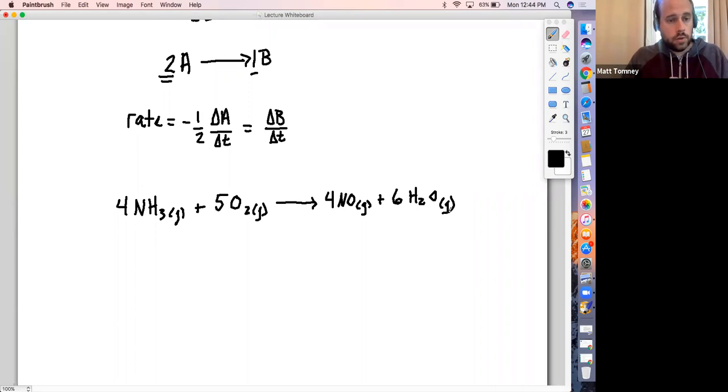So take 1 or 2 minutes and see if you can write out all the different ways that we could express this rate relative to each reactant and each product. And remember, the reactants should be negative when we associate values with them because we're losing them in the course of this process. So I'll give everybody a minute or 2 and then I will walk through this. And if you have a question, feel free to shout it out while we're working here.